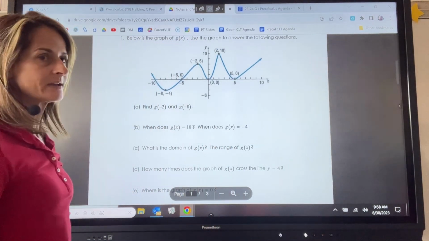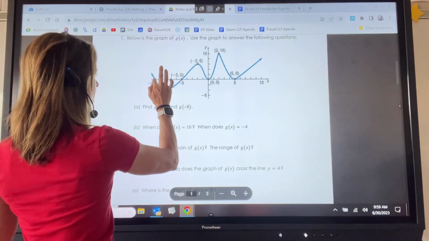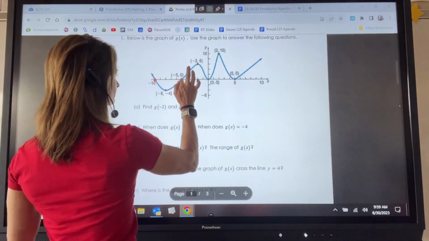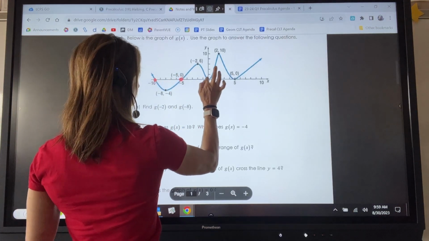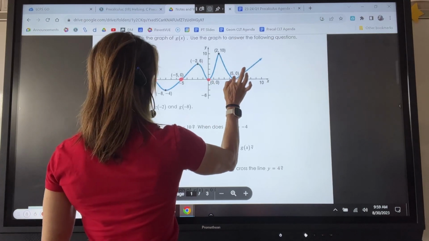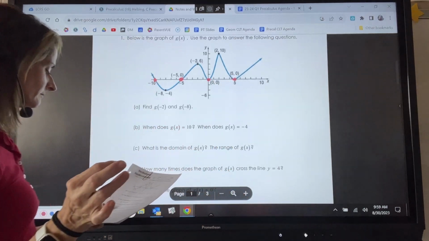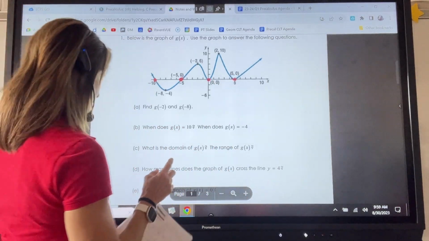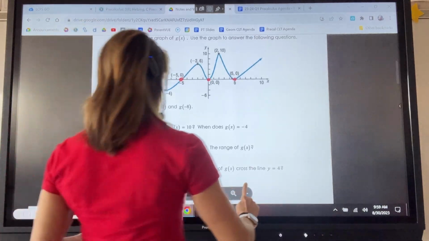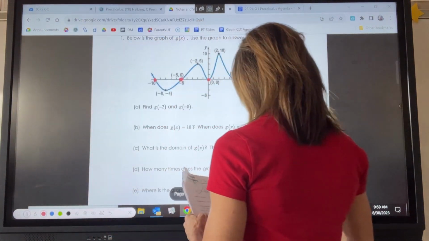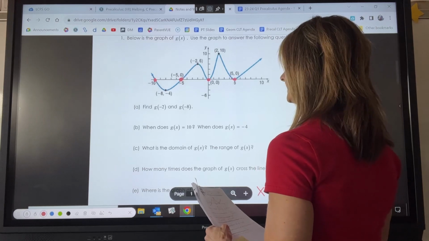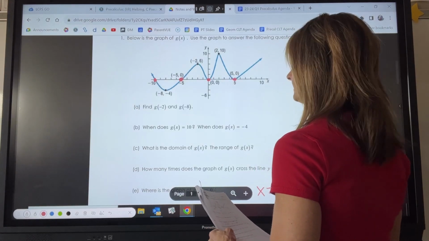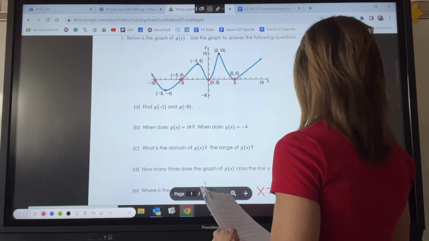So where are the y values 0? Four places. So we can write, this is for E, right? X equals -10, -5, 0, and 5.